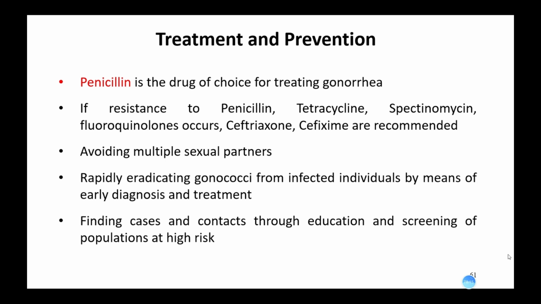For treatment, again, penicillin G is the first line medicine. And if the isolate is resistant to penicillin, and actually this bacteria is developing more and more resistance, that's the current problem. I used to work, not in the lab working on this, but the next door lab is working on this.